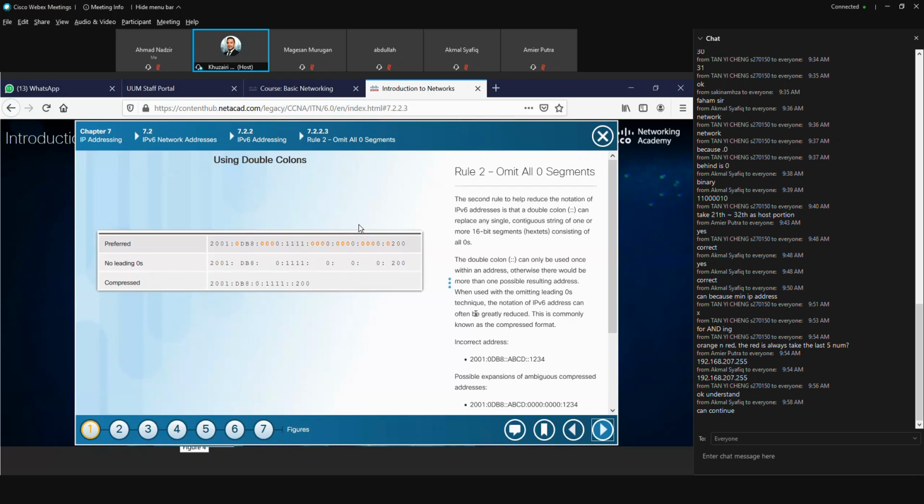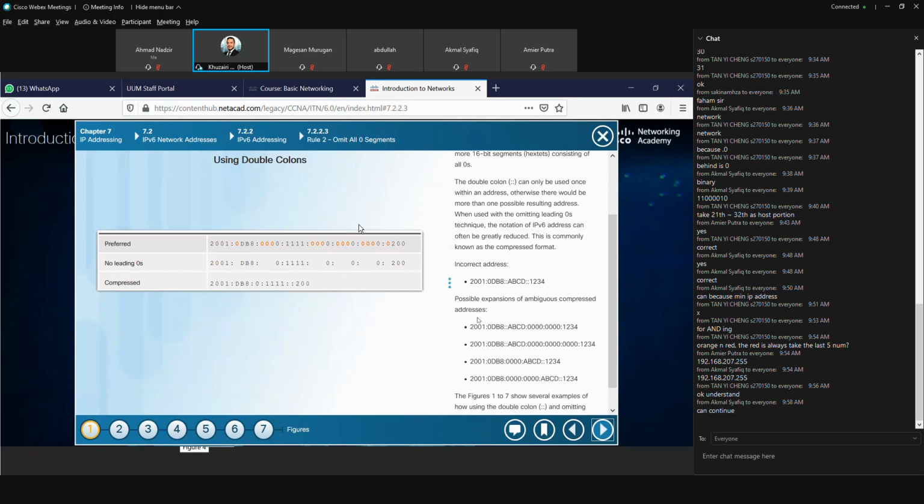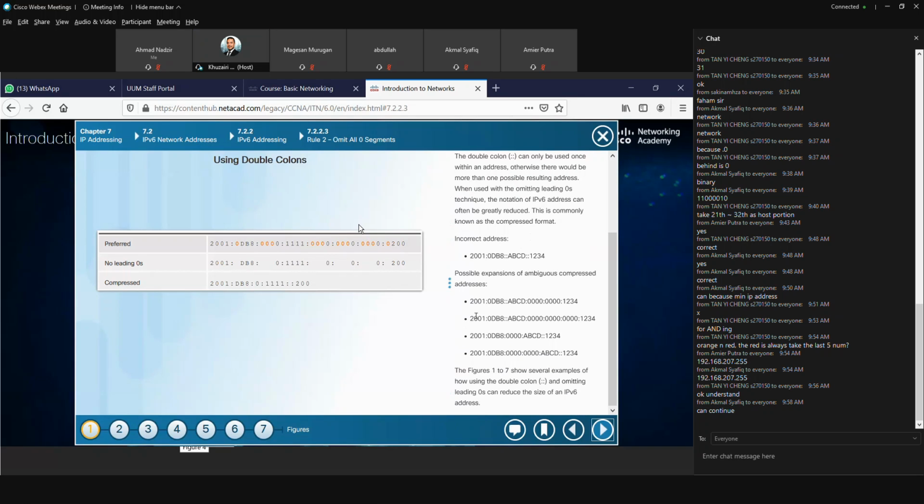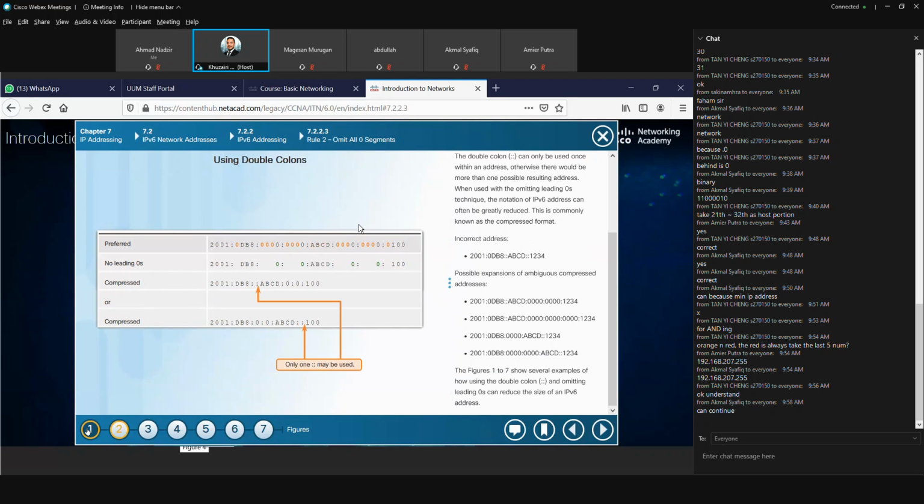What we mean here is to omit all-0 segments. Paham? This one, 0 0, the leading zeros you remove, and then you omit the all-0 segment.